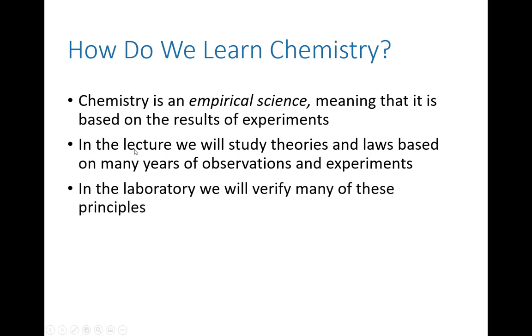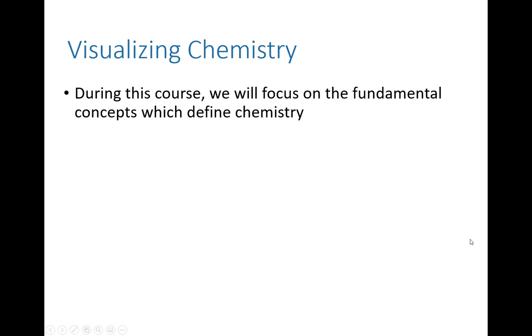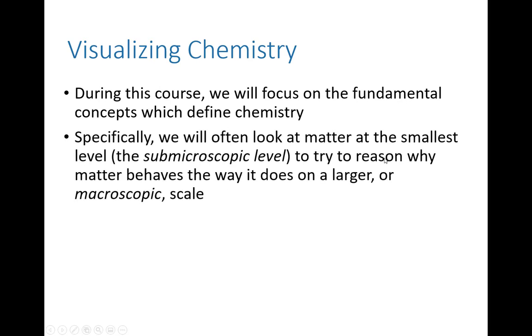And so in the lecture I talk about these theories and laws that we've developed, and then in the lab, to an extent, we verify these principles, and we also make a lot of observations that are critical about many different substances. So we're going to be really focusing in this class on what I consider to be the most fundamental concepts, the most essential things to understand about chemistry.